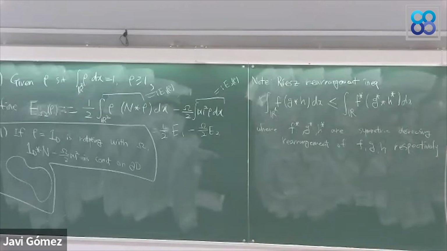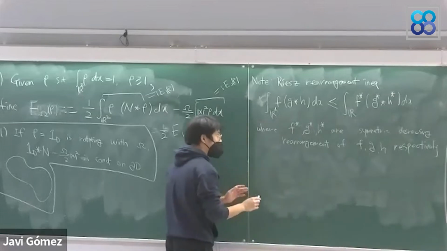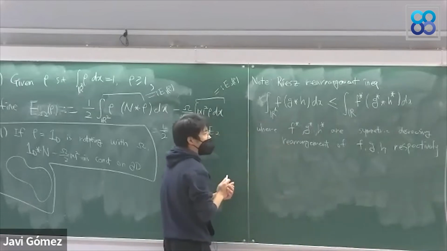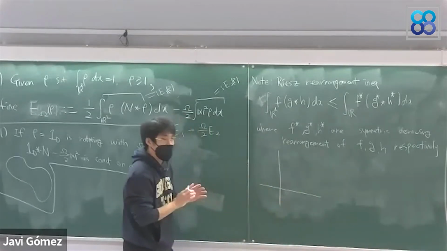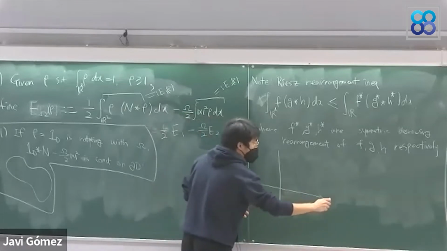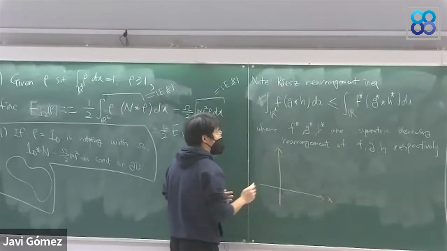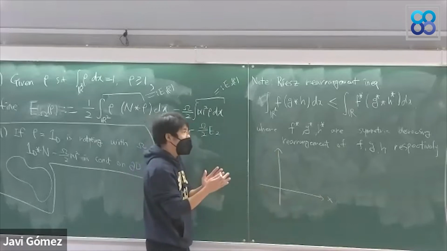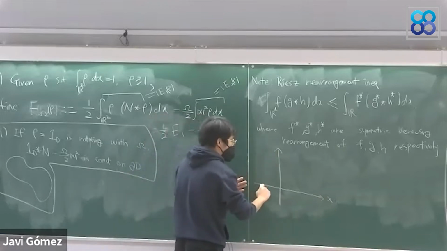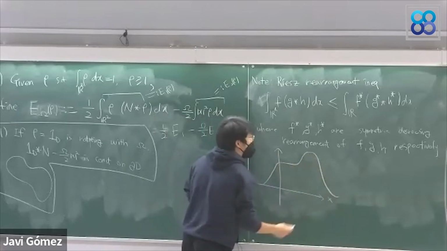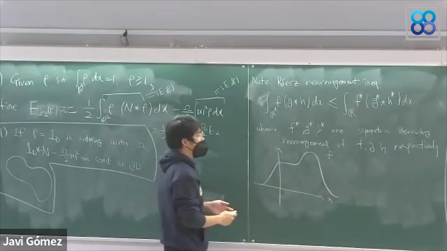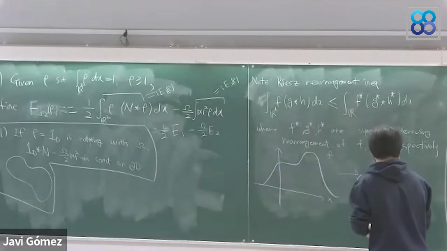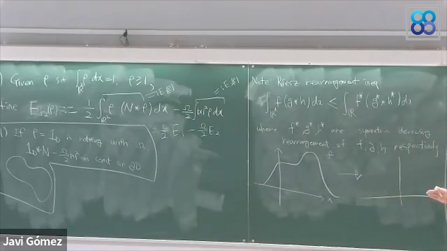So instead of giving the rigorous definition, the symmetric rearrangement is something like this. Just to make our life easier, let's consider the 1D case. So we have say x here, and imagine you have a function that is not symmetric about any axis. Then we can rearrange each level set to make it symmetrized in such a way.